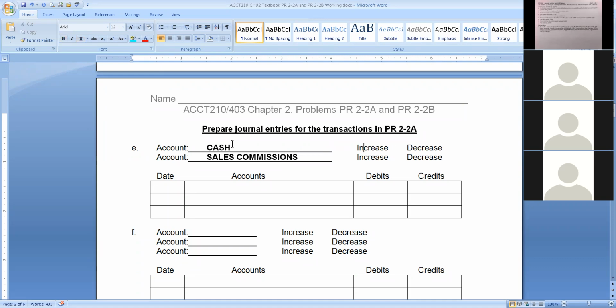Okay, so is the cash going up or down? It's going up. And wait a minute. And the sales commissions, those are the same things as revenues.